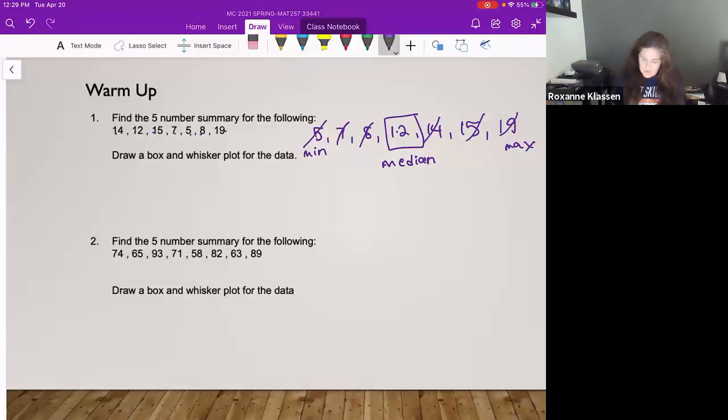Okay, now I don't include my median. I usually just change colors and find the middle and say, okay, so now Q1 must be 7, Q3 must be 15. So we're good? Everybody get the same now?